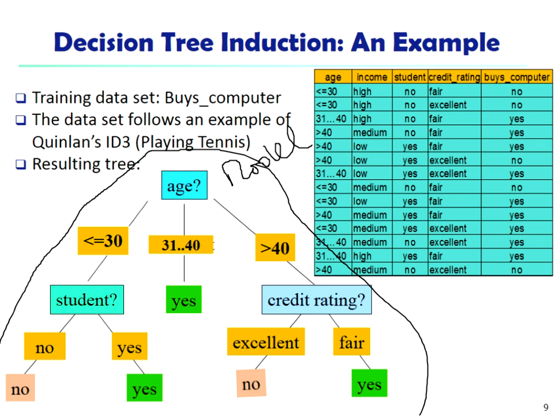To convert this model to rules, we begin from the root, and go until the leaf. For example, the first one is: if age is less than 30 and student equals no, then buys computer equals no.